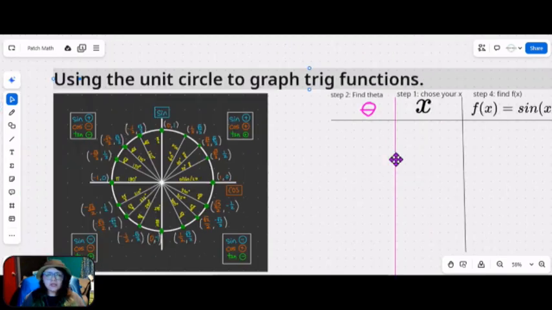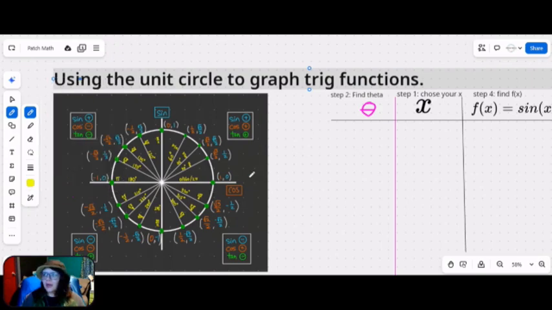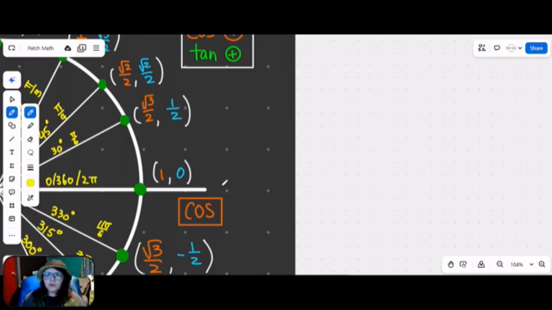The first thing we're going to want to get used to is the x on your unit circle is not the same x that you have inside your trig function. The y on your unit circle is not the same y you're going to output with your trig function, and differentiating between those is vital here. I'm going to name all of my x's on the unit circle x_u, because those are x's on the unit circle.